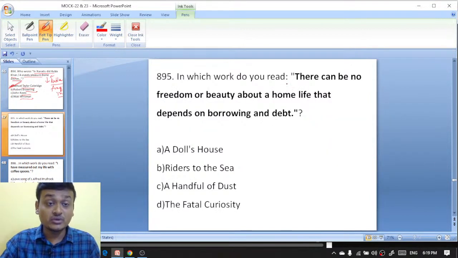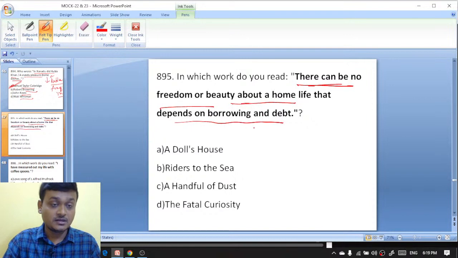In which work do you read: There can be no freedom or beauty about a home life that depends on borrowing and debt. If the household runs on borrowed money, there will be no freedom and beauty in the home.